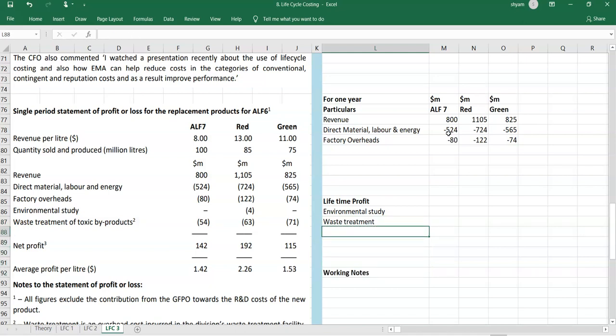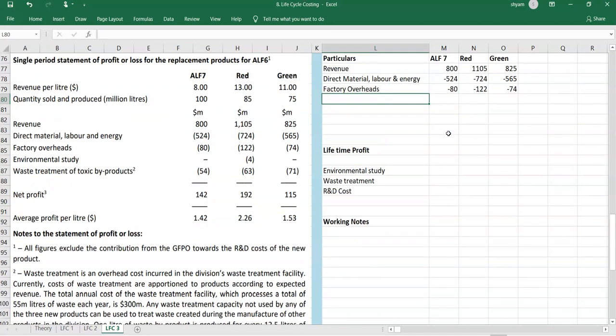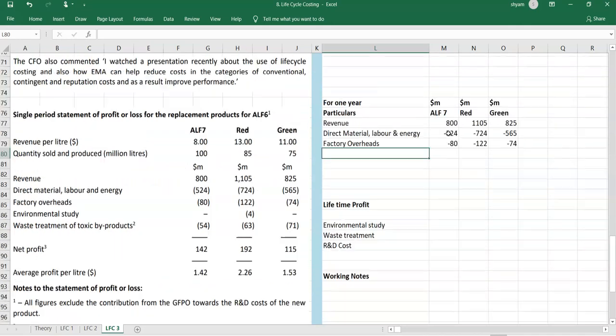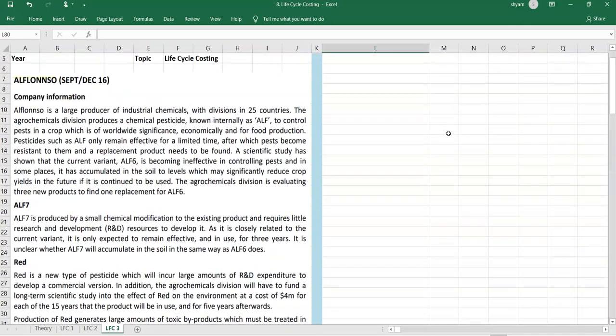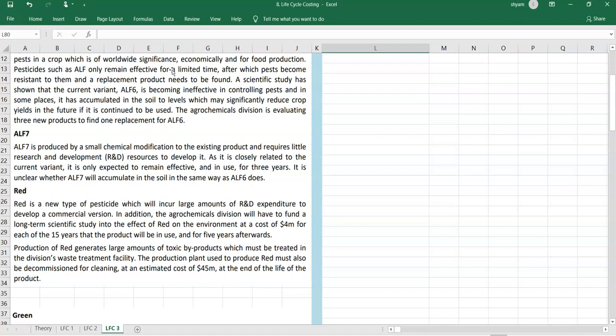So we also have the R&D cost, which is not taken into account. So let's see any previous paragraph if any numbers or years are given. So let's see. So ALF, the life of red ALF is going to be 3 years.